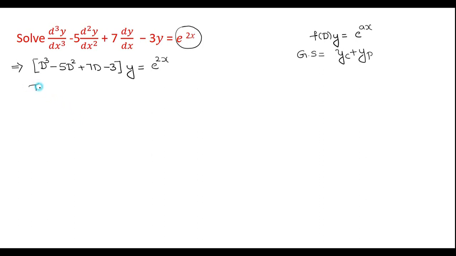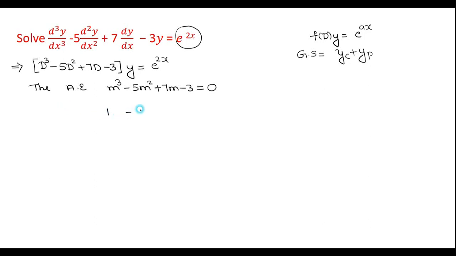The auxiliary equation is m cube minus 5m square plus 7m minus 3 is equal to 0. We'll find the roots of this either by the synthetic division method or, as I said, do it in the calculator directly. Here I am showing the synthetic division method.